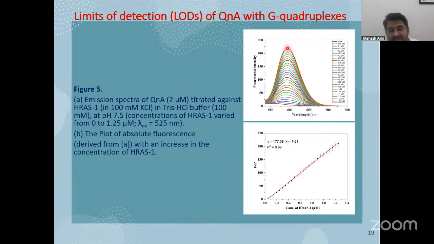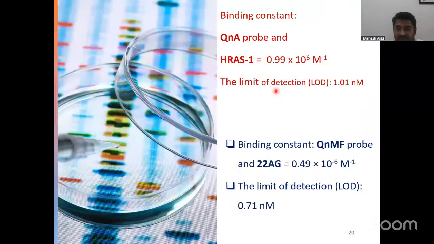This red shift suggests a change in the energy level of the emitted light and indicates effective binding of the probe QNA with the G-tetrad layer of the G-quadruplex, that is, the antiparallel HRAS1 G-quadruplex.